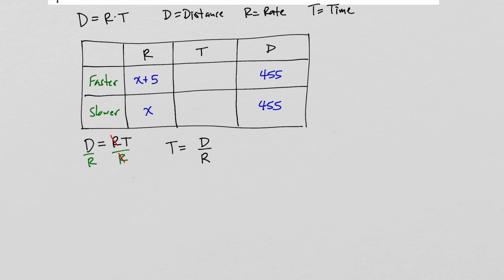So if you know the distance and you know the rate, you can find the time. Looking at the faster family, do we know their distance? Yes. Do we know their rate? Well, we don't know their rate, but we have an expression for their rate. So we can say the time for the faster family is 455 divided by x plus 5.